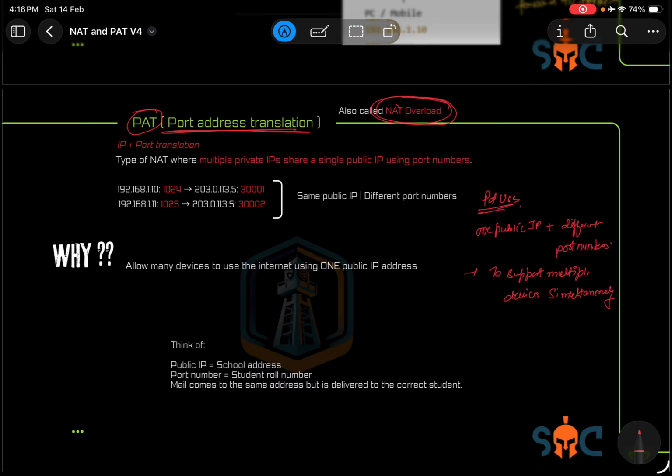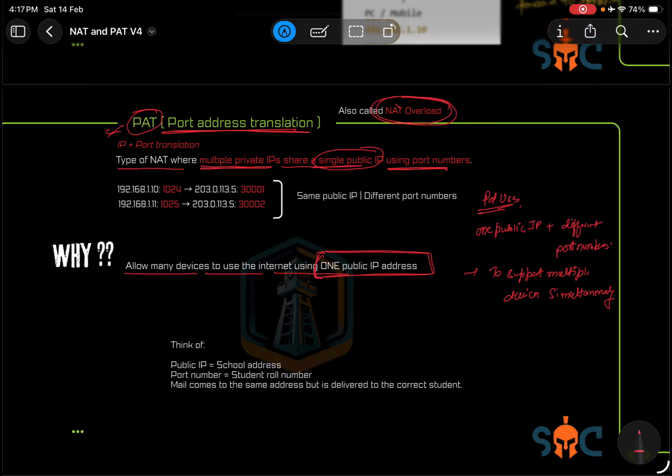Okay, so it is a type of NAT where multiple private IPs share a single public IP using a port number. So why PAT is required is to allow many devices to use the internet using one public IP address.